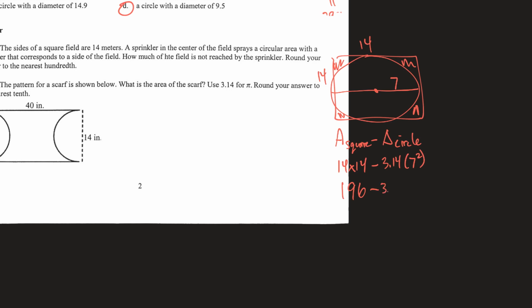So that's 3.14 times 49, and that is 153.86.